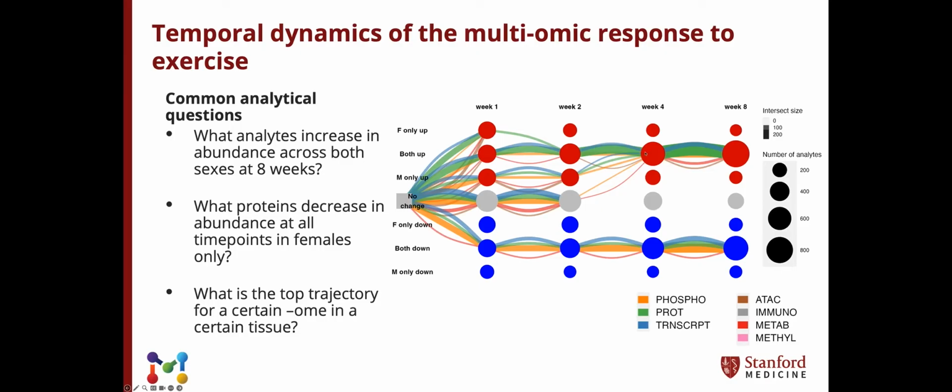We can see the green one is the biggest line here, which corresponds to proteomic changes. And then we also see a downregulated trajectory in both males and females, where there are a lot of phosphosites associated with this. The orange line corresponds to phosphoproteomic changes.